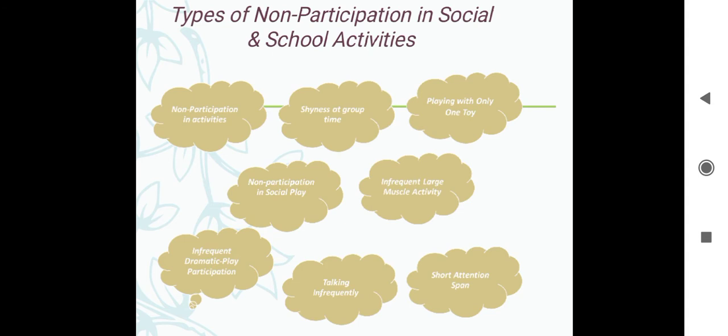Number one, non-participation in activities, shyness at group time, or playing with only one toy, non-social participation in play, non-participation in social play, infrequent large muscle activities, infrequent dramatic play participation, talking infrequently, and short attention span.